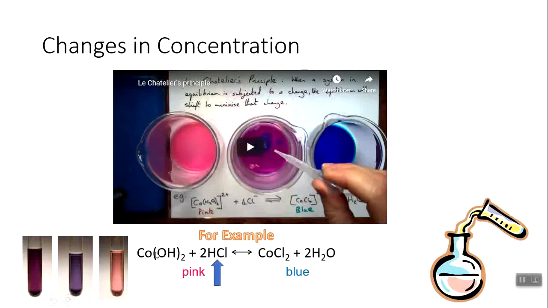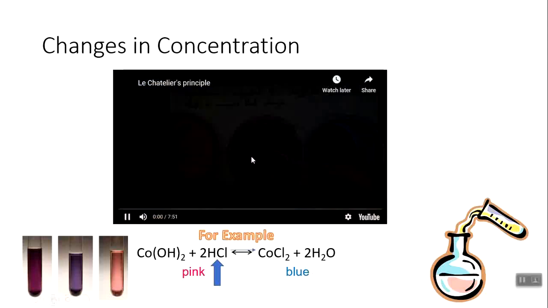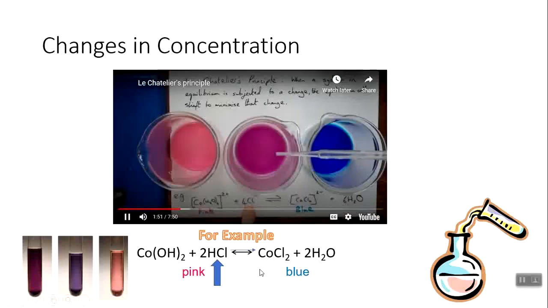Well, there's lots of stress on the reactant side, so Le Chatelier's principle says, in order to relieve that stress, kind of think of it as there's too much on this side, so it shifts the equilibrium to the right, and it'll go that way to create more product. So let's take a look at this video to see if our prediction is true. And watch what happens.